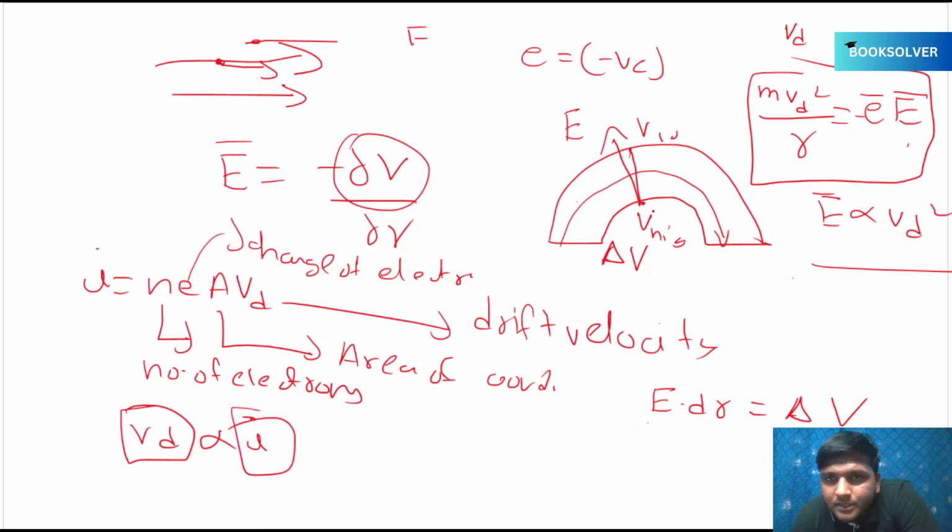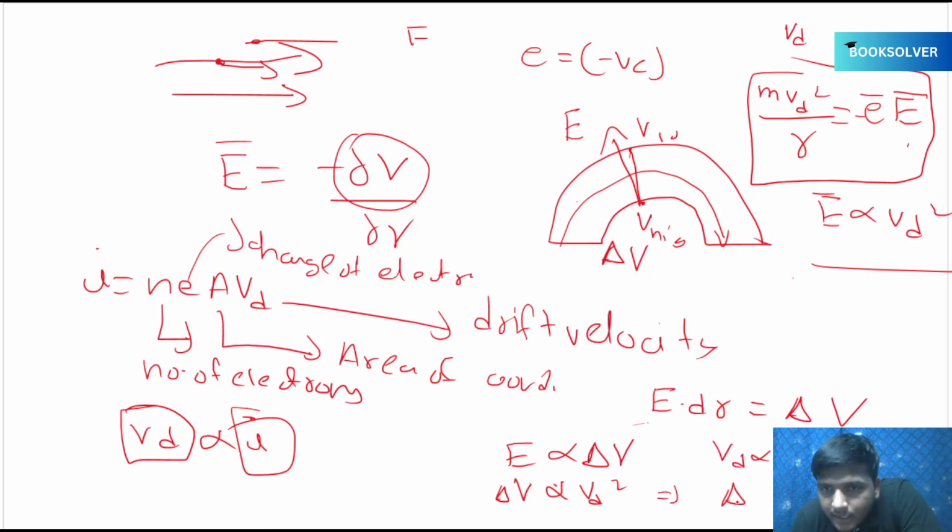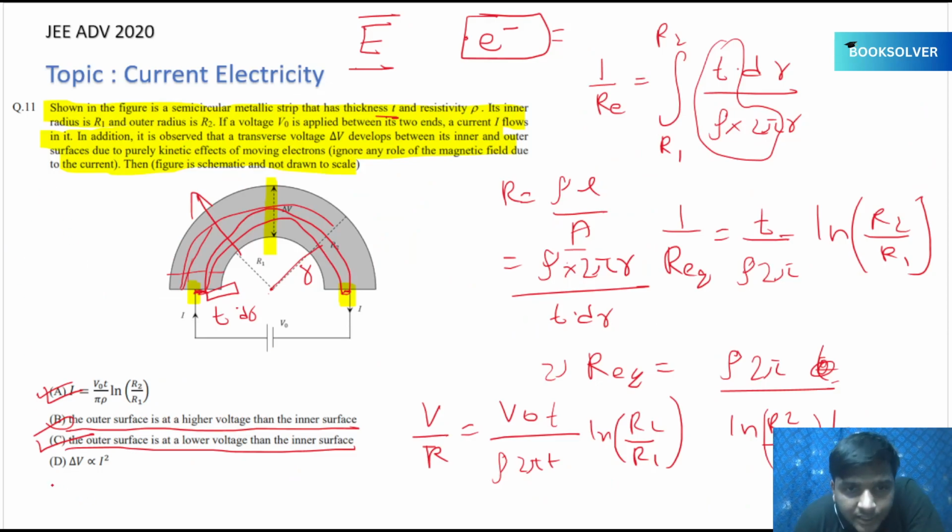So even if we consider E differently, we can see that E is directly proportional to delta V. It means delta V is proportional to Vd square, and Vd is proportional to I. That implies that delta V is proportional to I square. So option D is also correct. Hence, we got our answers correct as A, C, and D. Thank you, everyone.